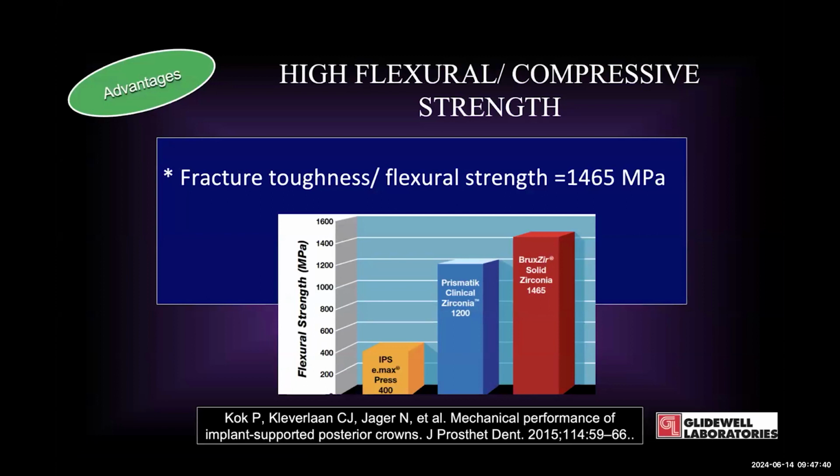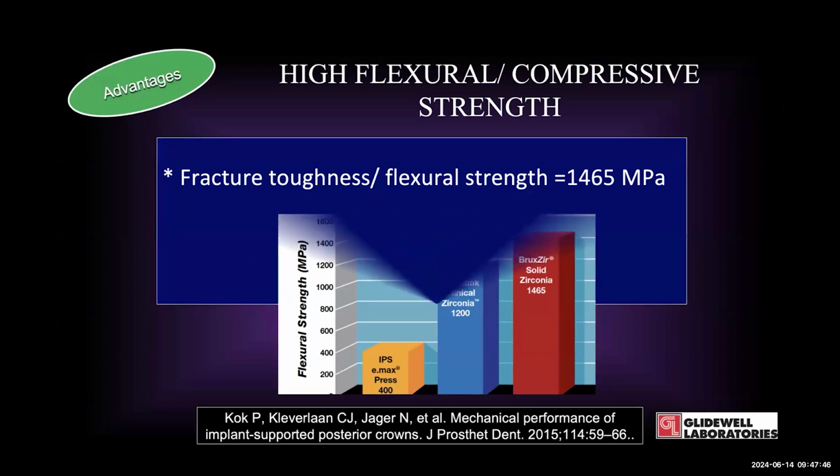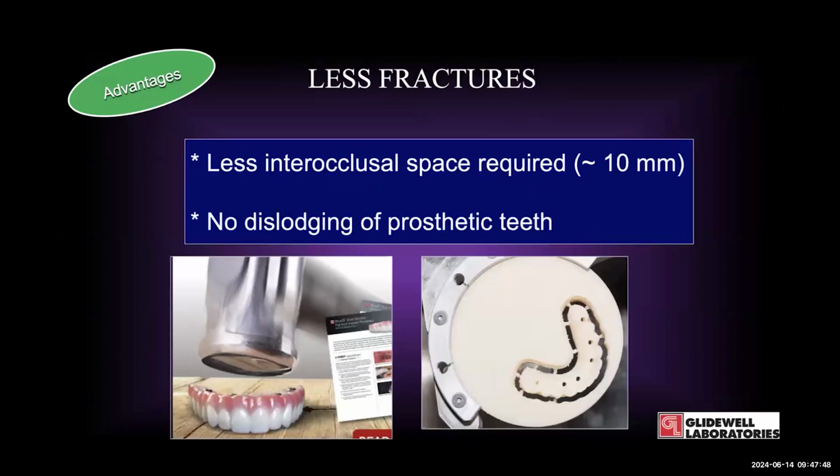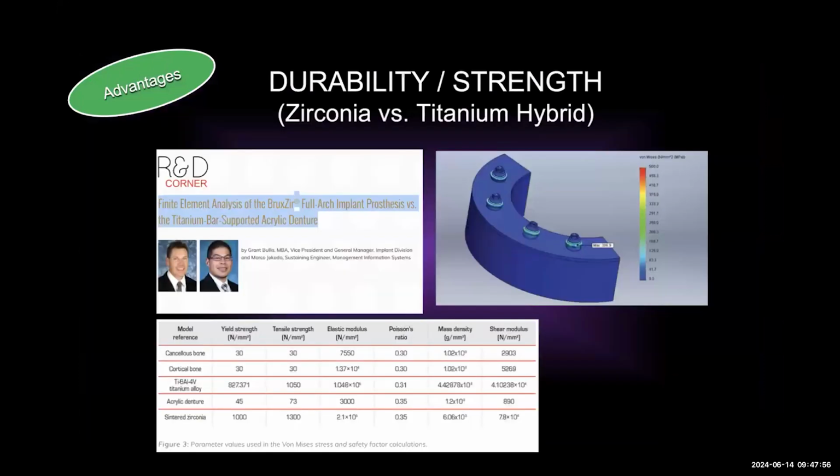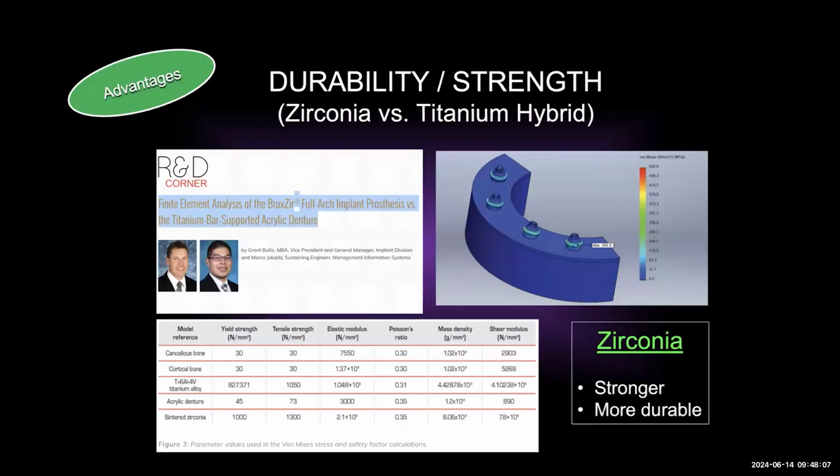What is so advantageous of these monolithic zirconia prostheses? High flexural strength, compressive strength. If we look at less fractures, it can be very thin. This material can be very, very thin, especially when restorative space is compromised. If we look at the durability and strength, many studies have been done that show the advantages of this over other types of prostheses.